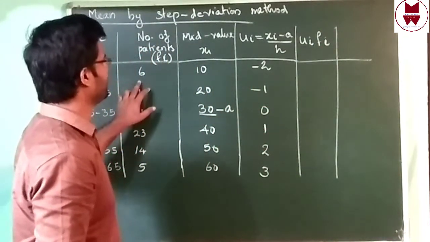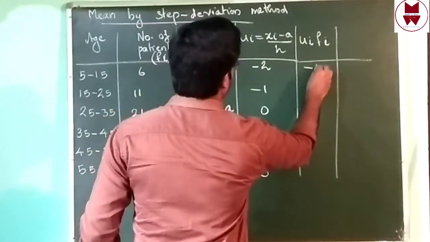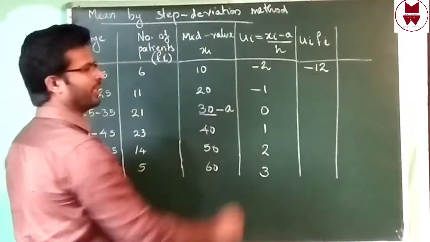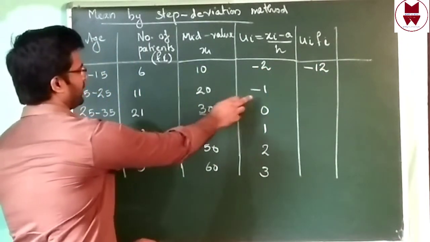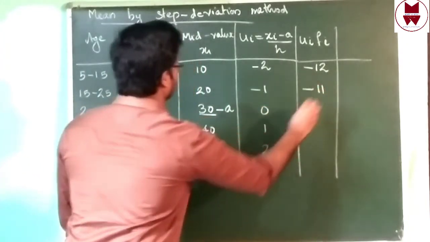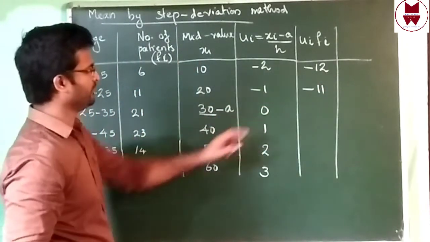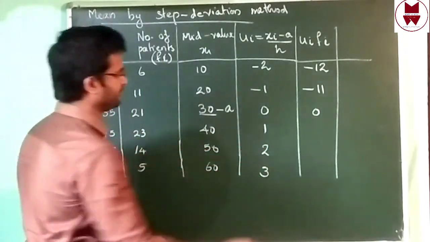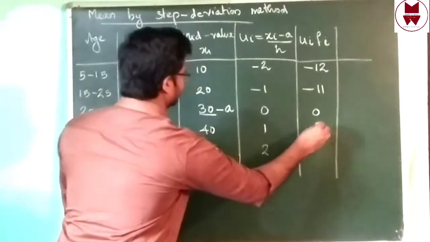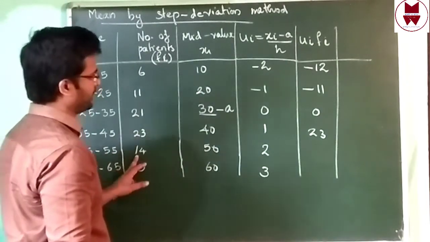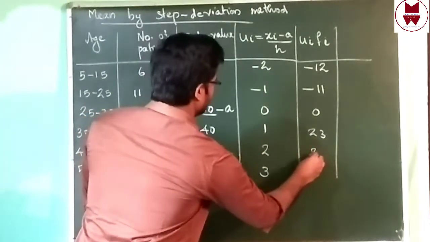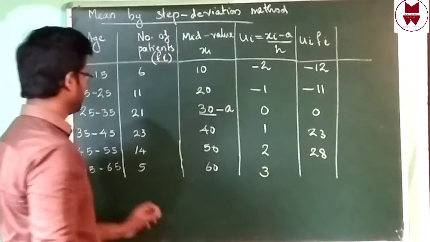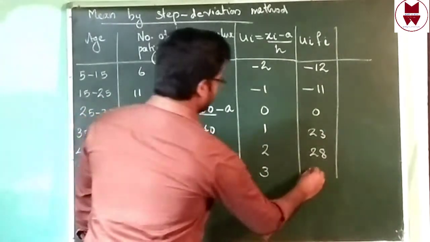We can multiply 6 into minus 2, minus 12. Then 11 into minus 1, minus 11. 21 into 0, 0. 23 into 1, 23. Then 14 into 2, 28. 5 into 3, 15.